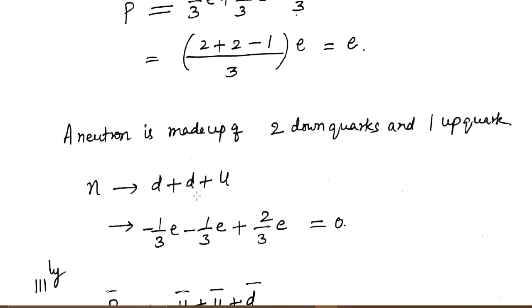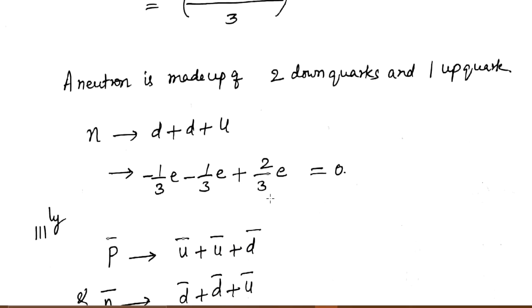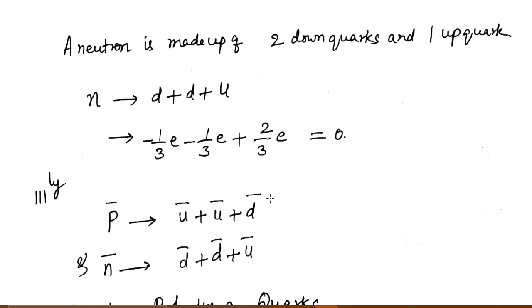Neutron giving rise to D plus D plus U. Minus 1 by 3 times E is the charge of a down quark. Similarly for the other D, the charge is minus 1 by 3E, plus 2 by 3E for the up quark. Sum up all these things, it becomes 0. That means a neutron does not have any charge. It is made up of 2 down quarks and 1 up quark. That's how we explain the formation of a neutron inside the nucleus of an atom.